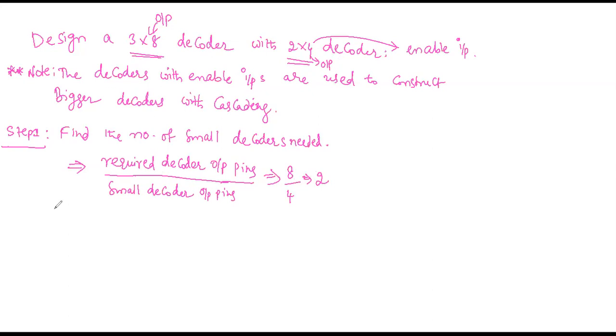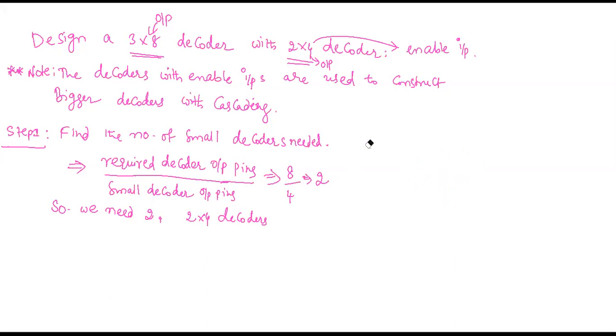So we need two 2 by 4 decoders. If I ask you to design 4 by 16 decoder using 2 by 4, so what is the output? 16 by 4. So you need four 2 by 4 decoders.